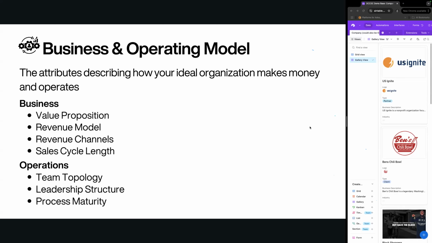And so, business and operating model. The only way to truly understand the pain a business is feeling is to understand how things are supposed to be working. Because every business, just like yours, exists to be profitable. They have systems in place to take their products and services and turn them into value, generating revenue in the process. And just like you, they have growth ambitions and a framework for how they operate.